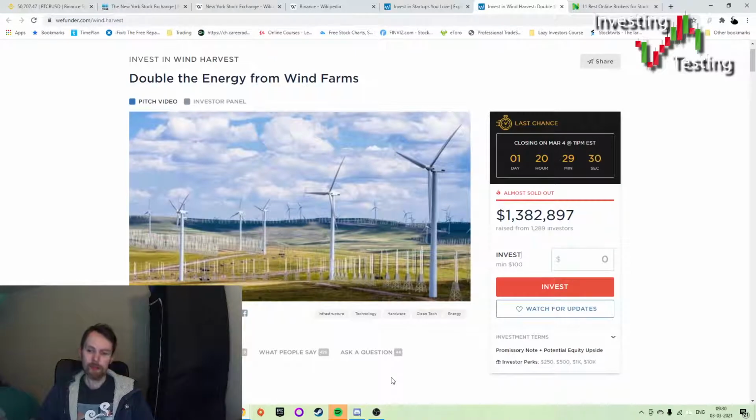And then eventually they will get to the point where they have to find somebody with a huge amount of cash that is willing to invest in their idea. So this is kind of risky in that sense as well, because not only are you worried that the company will go under, but you're also worried that a bigger investor may not be interested in investing in this company, and therefore it will never reach the stock market.